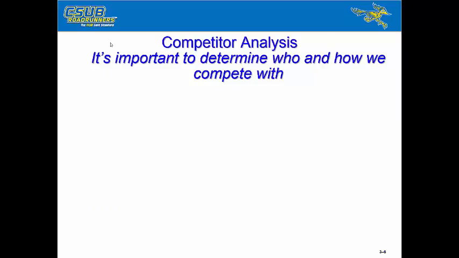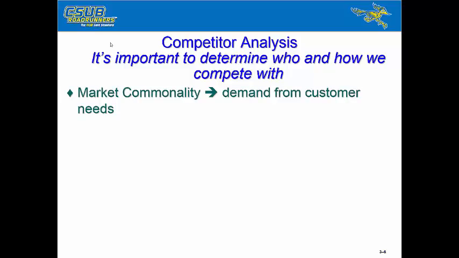So it's important to determine who and how we compete. Market commonality is one way to determine that, and that has to do with how similar is the demand from customers for your products versus the products of your competitor.